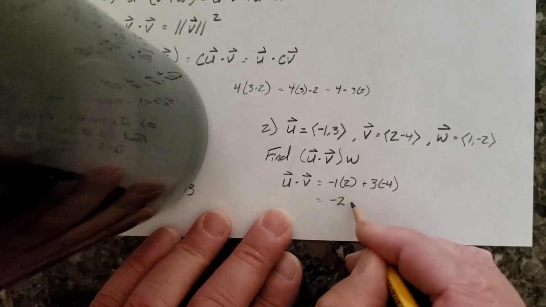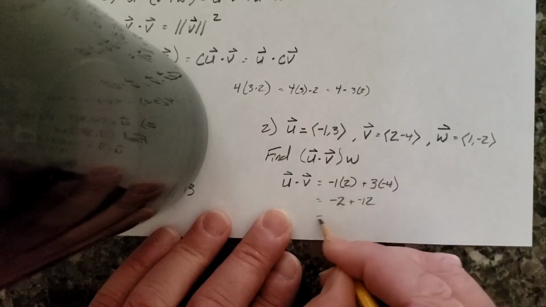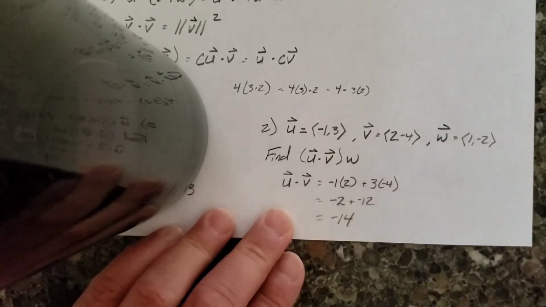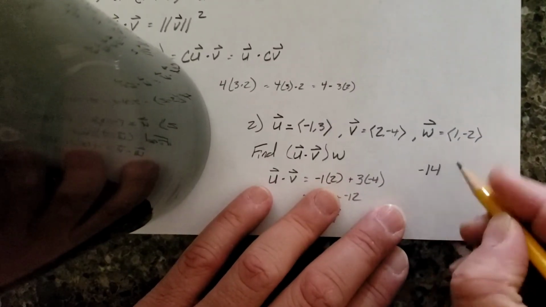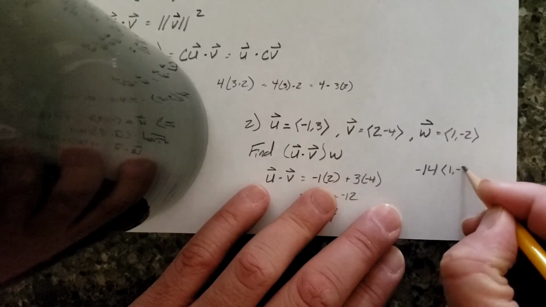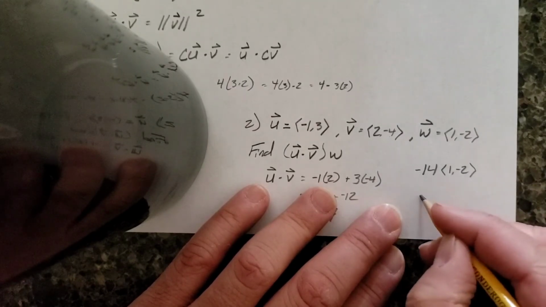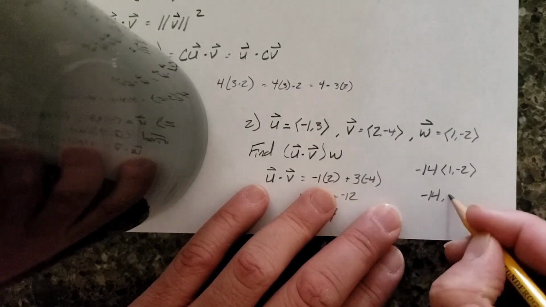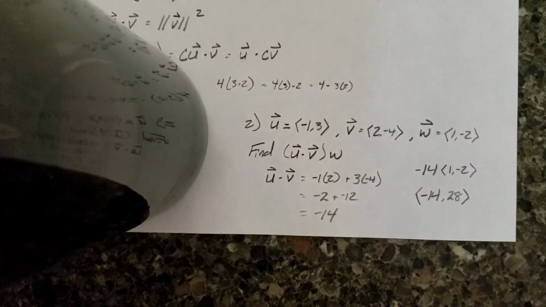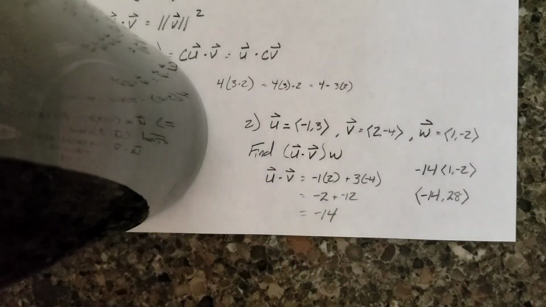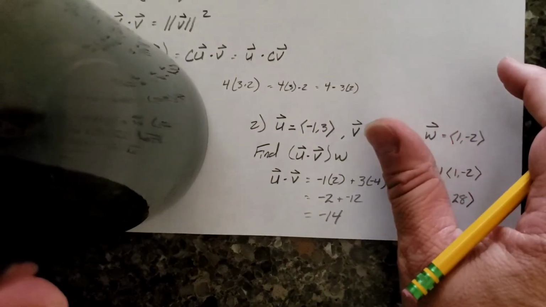So we get negative 2 plus negative 12, that's negative 14. Now we're going to take negative 14 times 1 comma negative 2, and it's negative 14 comma 28 is your final answer. Okay, that's one piece of it.